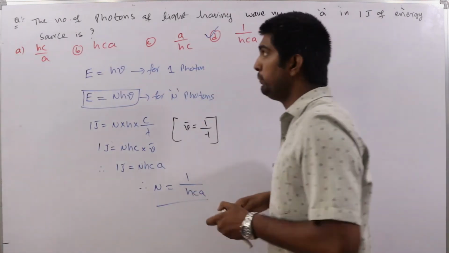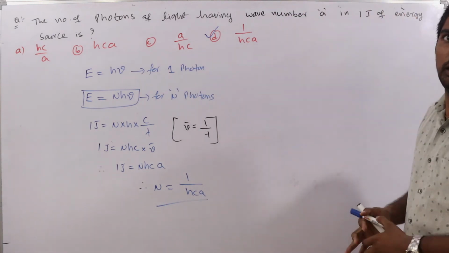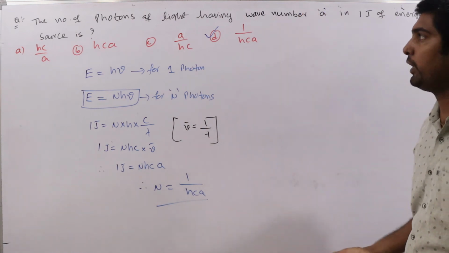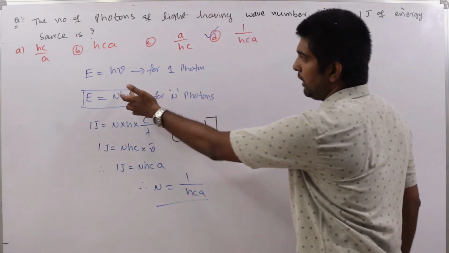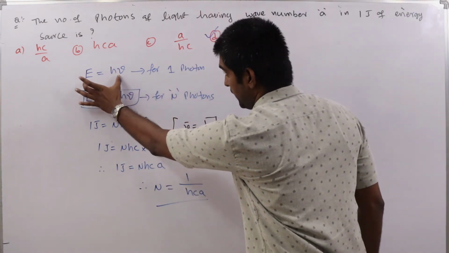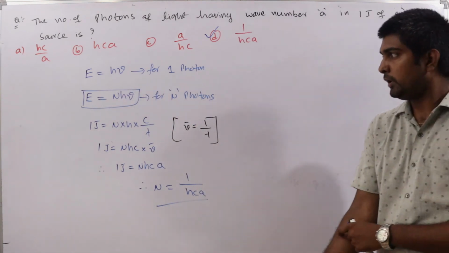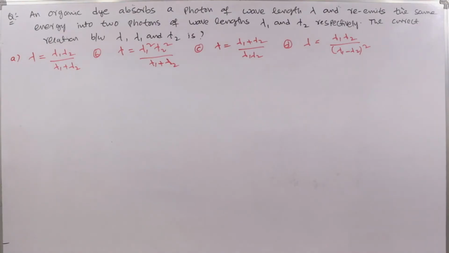Very simple: they have provided the energy of the source and the wave number, and they ask you to find out how many photons. In this way we have to solve. Remember that this is for one photon, this is for n photons. Clear? So this is the answer, option D.